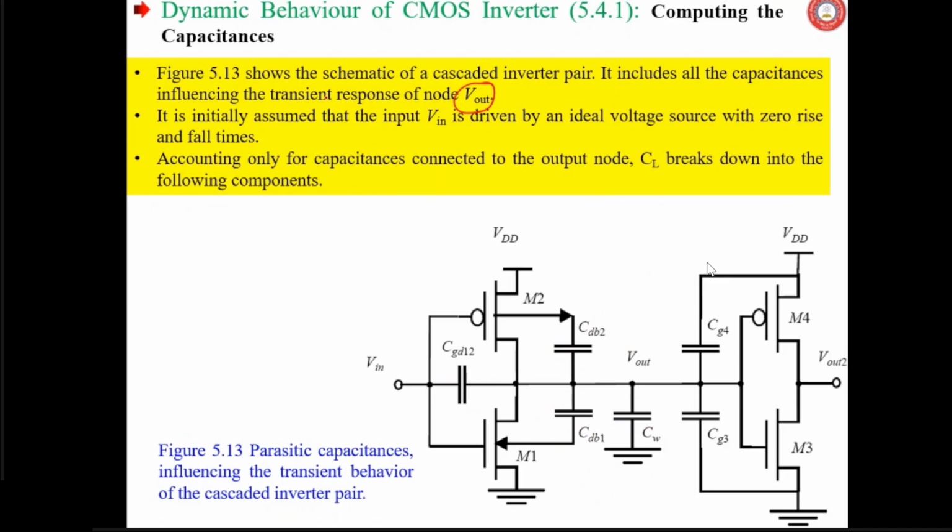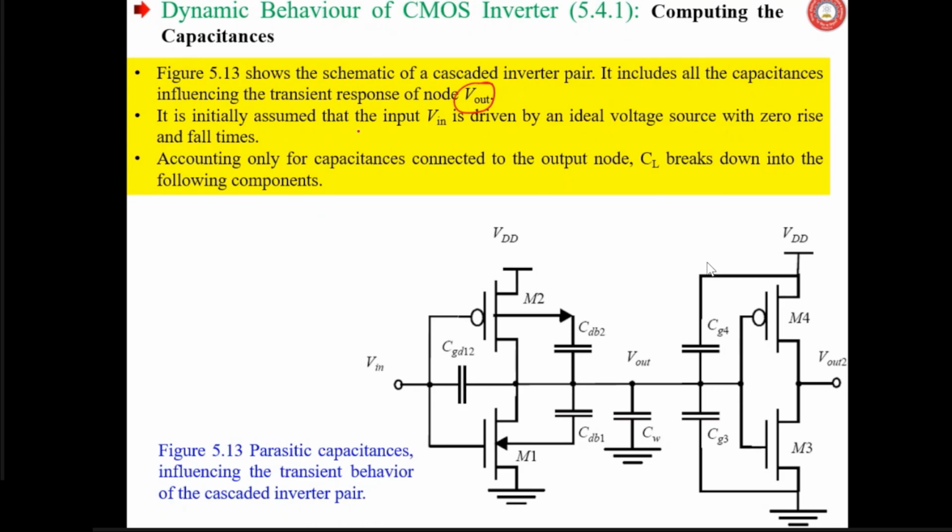This figure shows the schematic of a cascaded inverter. Here it includes all the capacitances influencing the transient response of node Vout. So all are having an impact on the output transient, how fast or slow it is happening.